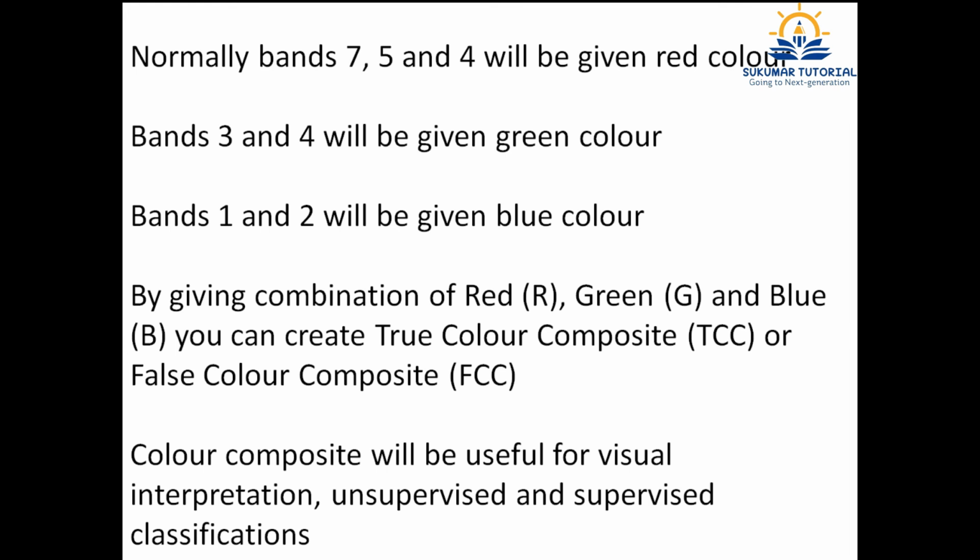Bands 3 and 4 will be given green color. Bands 1 and 2 will be given blue color. By giving a combination of red, green and blue, you can create a true color composite, that is TCC, or false color composite, FCC. False color composite will be useful for visual interpretation, unsupervised and supervised classifications.